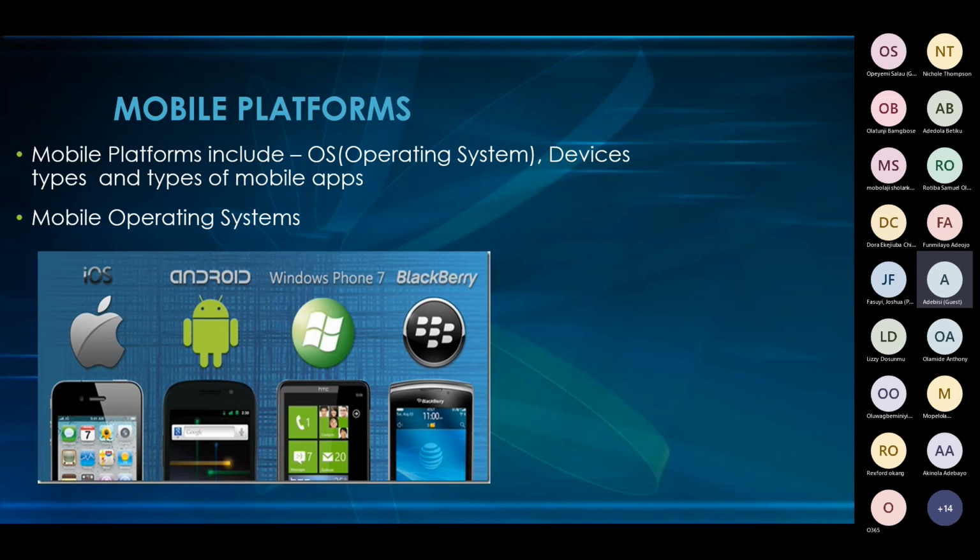But as a mobile tester, you need to know what this particular application entails. So it's very, very important.